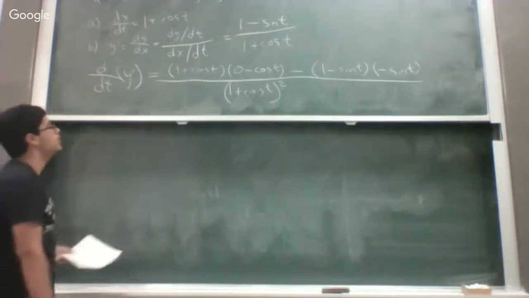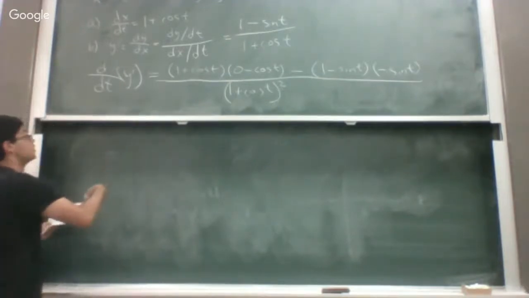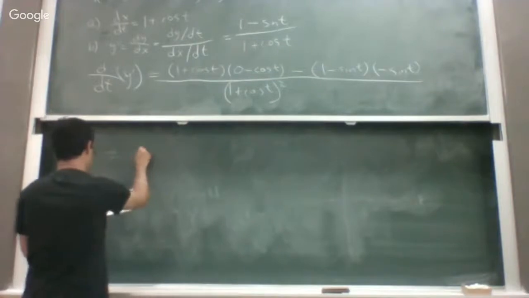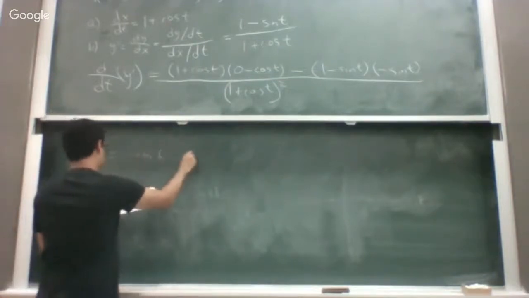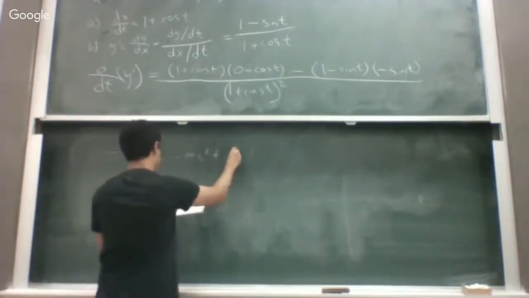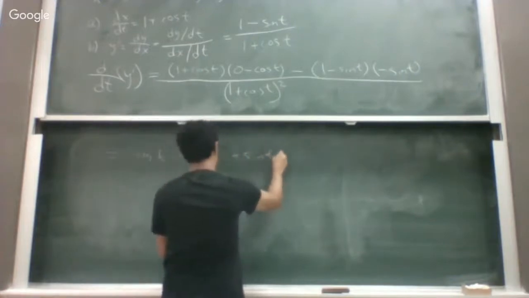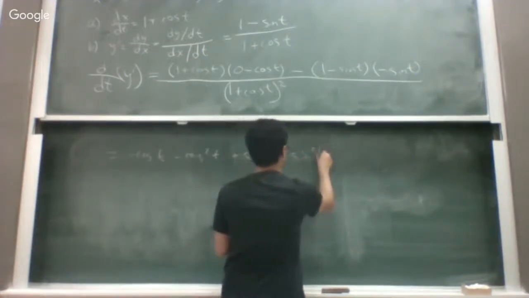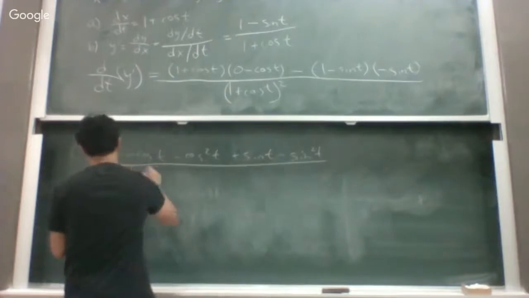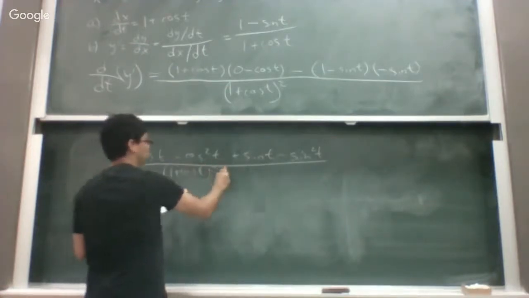So you just simplify it now. We are left with negative cosine of t minus cosine squared t plus sine of t minus sine squared t, divided by 1 plus cosine of t quantity squared.